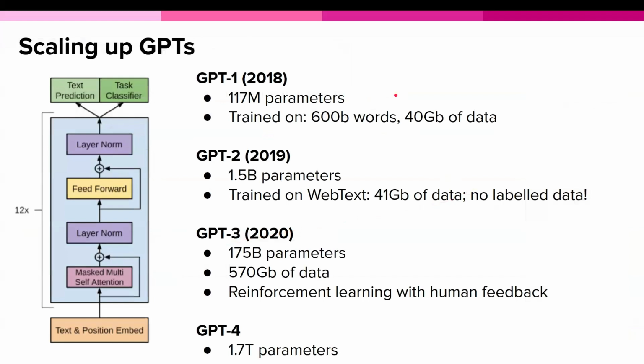The GPT paradigm has been applied to larger and larger models since its initial proposal by Radford et al. in 2018. The first version, GPT-1, introduced the transformer-based decoder model with around 117 million parameters. It was trained on a data set of about 600 billion words from books, approximately 40 gigs of text data.